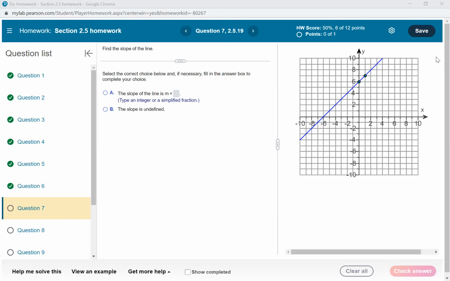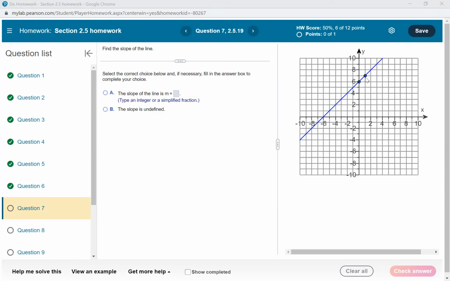Now, the second point on the line. Yep, so you got 0, 6, and then that second point, that looks like 1 for the x. So the second point has what, a 1 value for the x, and looks like that's in between.